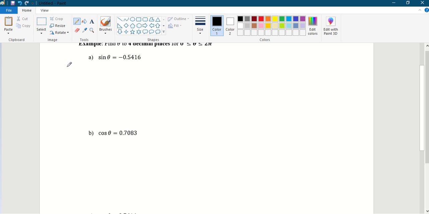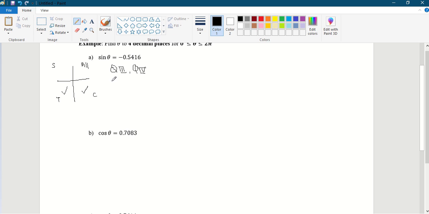So we use CAST rule or all STC. Sine is positive here, but we are looking for sine negative, so that happens in quadrants 3 and 4. And then we find alpha, so let's just write down quadrant 3 and quadrant 4. So that's our first step.